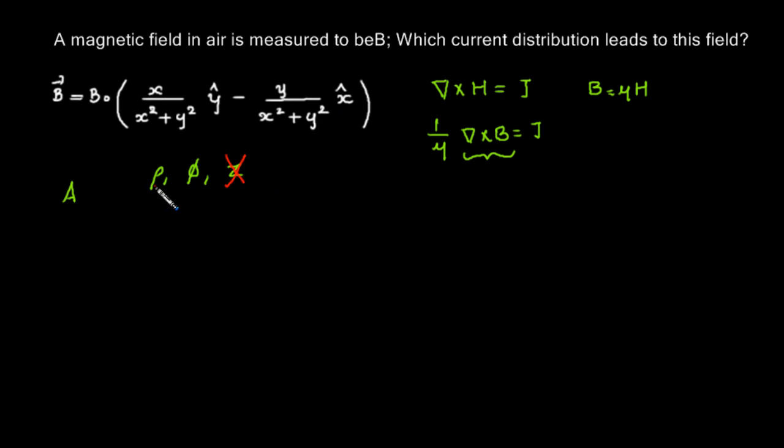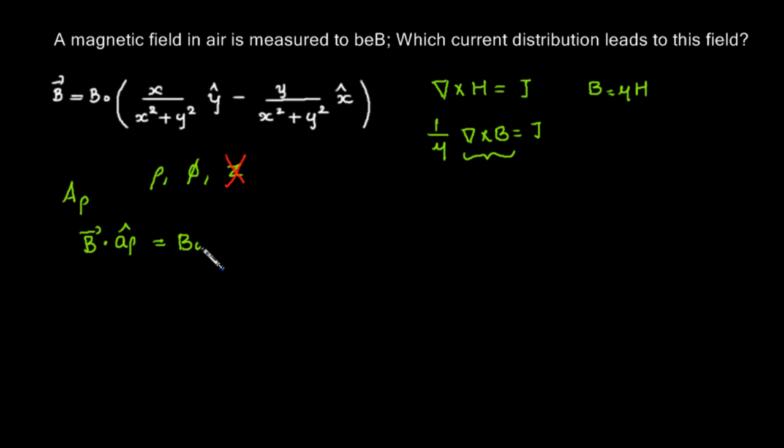So we need to find the components of B along rho and phi. First we find B rho. To find it, we must take the dot product of the vector with the unit vector along rho, that is a rho cap.